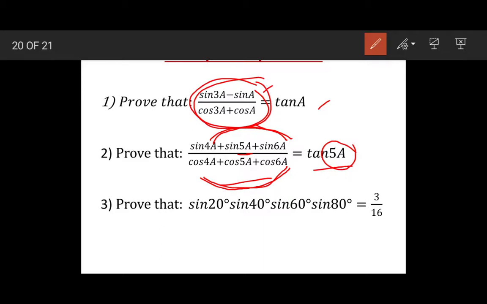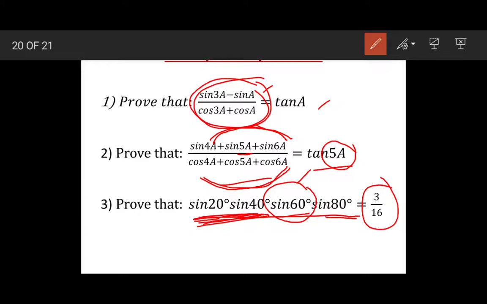Okay. Then the third one is prove that sin 20 degree into sin 40 degree into sin 60 degree into sin 80 degree is equal to 3 upon 16. This is an example of defactorization, so you have to apply the defactorization formula. For that, first write the value of sin 60 degree, then take two terms, multiply and divide by 2, and then use the 2 sin A sin B formula for 2 sin 20 degree into sin 40 degree.